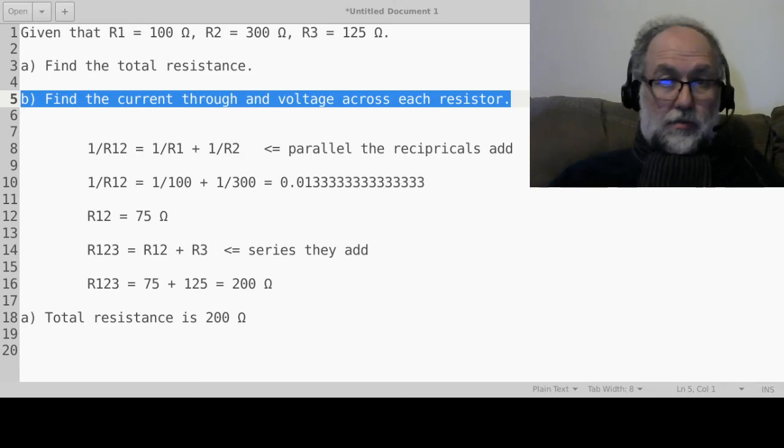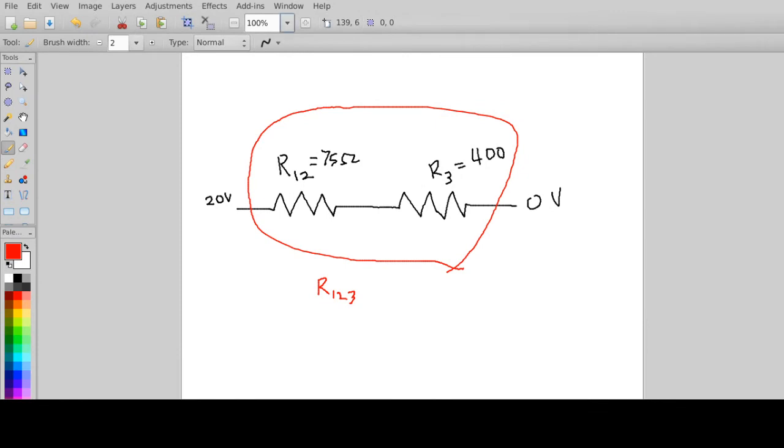And the way to do it is you start with the whole circuit. So let's go back to this diagram, which is now effectively just one resistor with 20 volts here and 0 volts there. How big is that one resistor?